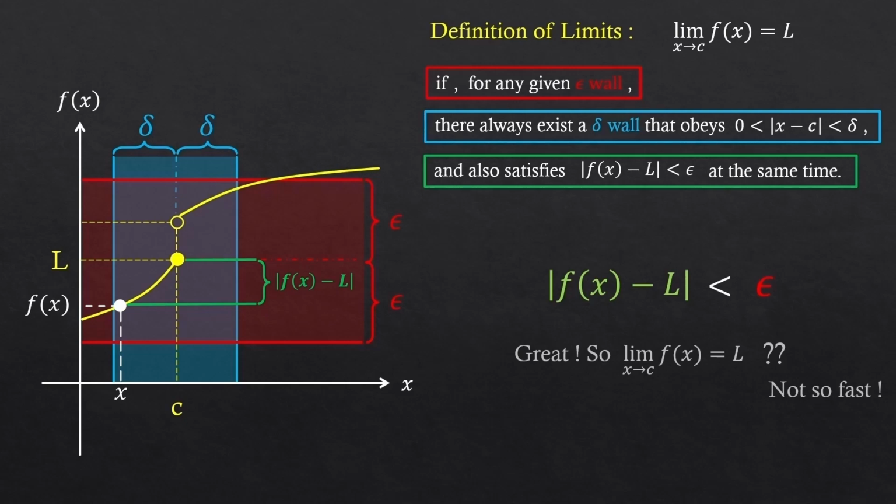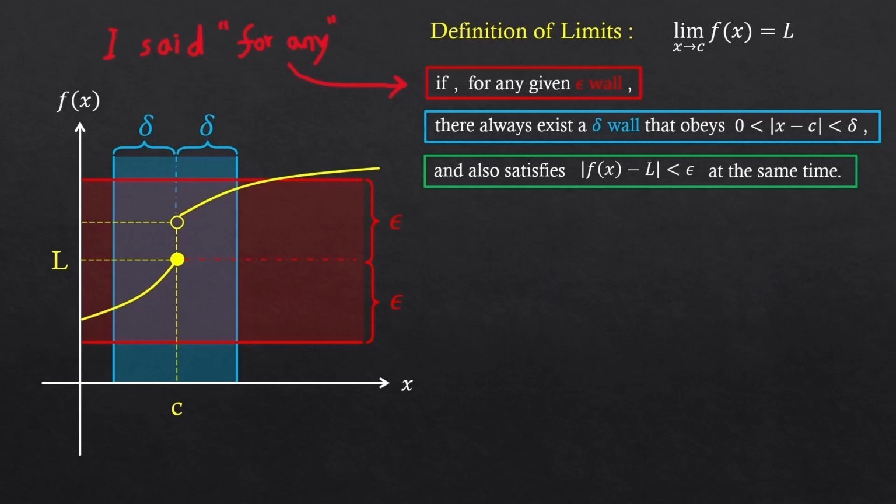No, not so fast. You know why? Because at the beginning, I said for any epsilon wall. Any epsilon wall must work. We have only tried this one epsilon wall. Let me try this epsilon wall. So it's a bit narrower this time.